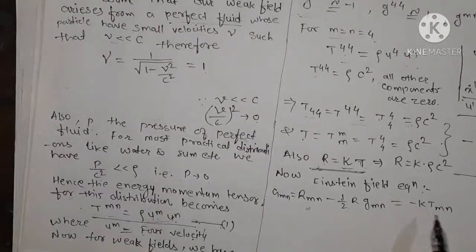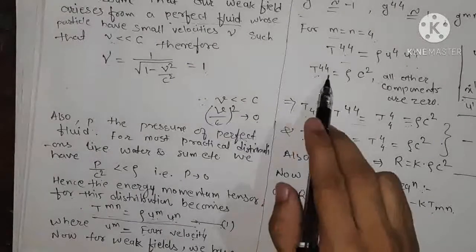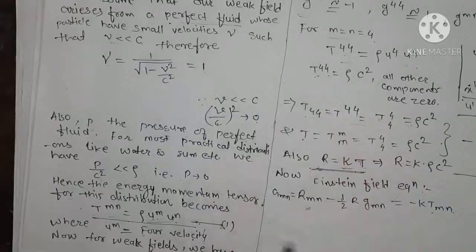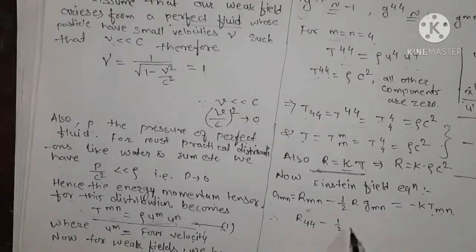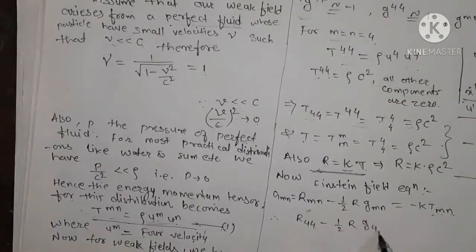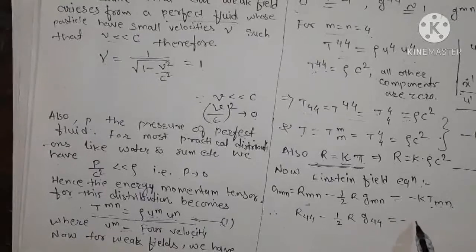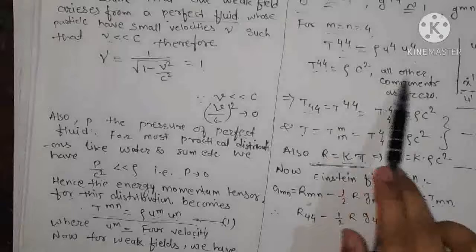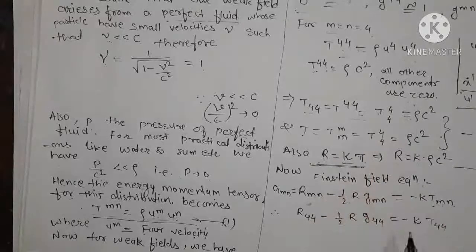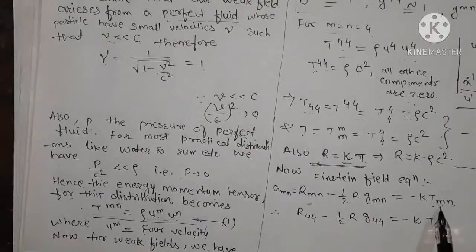As all Tmn other than this one are 0, we substitute m and n equals 4, and therefore we have R44 minus 1 upon 2 R G44 equals minus kappa into T44. Because all other components are 0, we only take m equals n equals 4, and thus we have this equation.